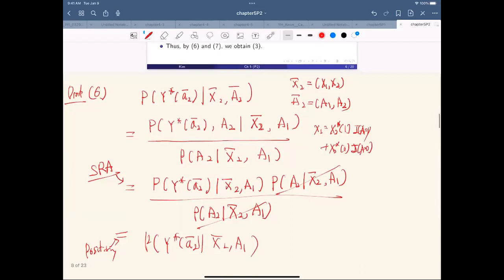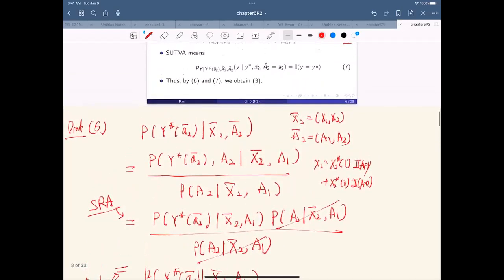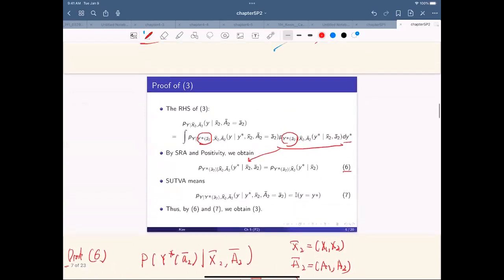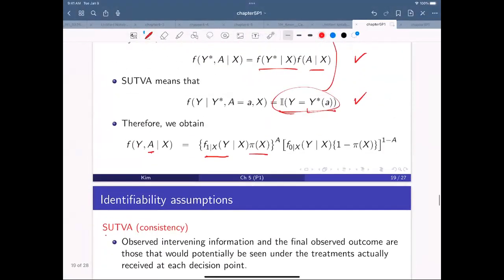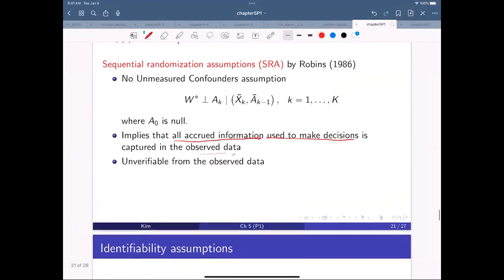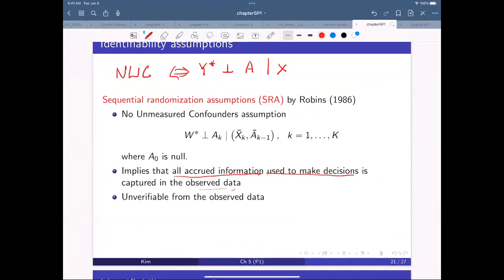No, I mean the notation X2 bar. X2 bar includes X1 and A1, right? So then you do not need to give it A1 because you have already given X2 bar. I see. I think you are right. Let me check what we used in the previous note class. So this is the kind of SRA assumption.